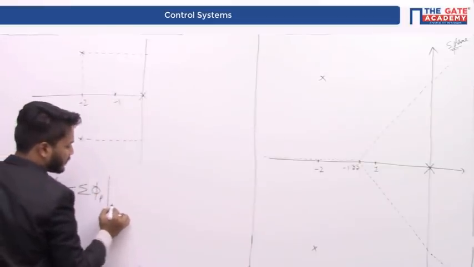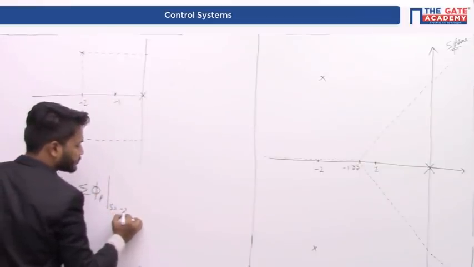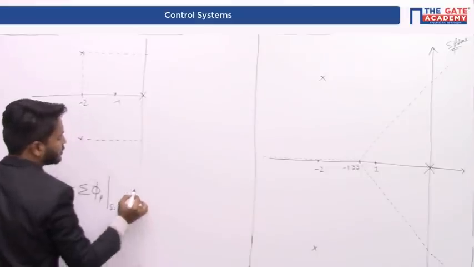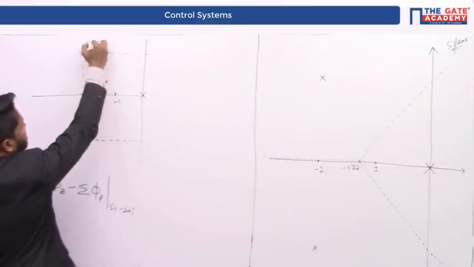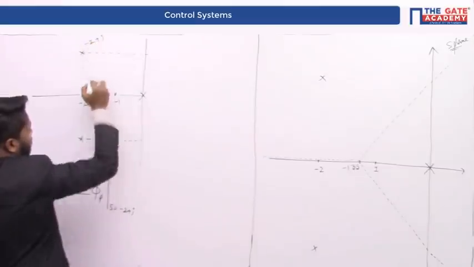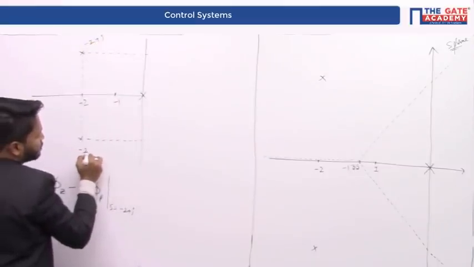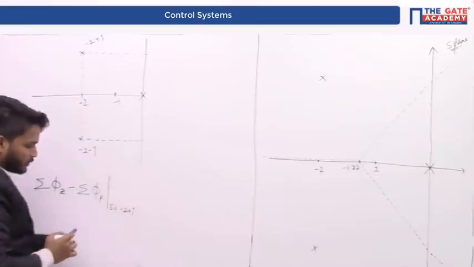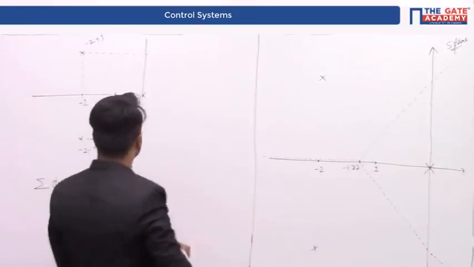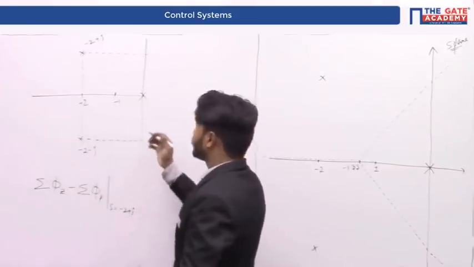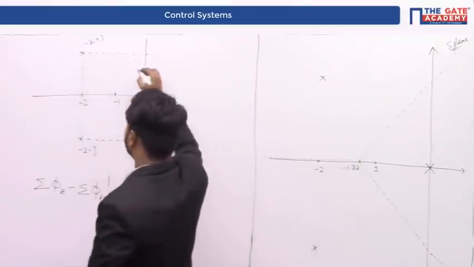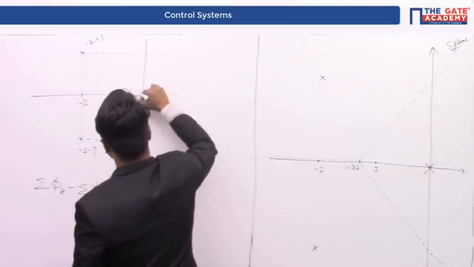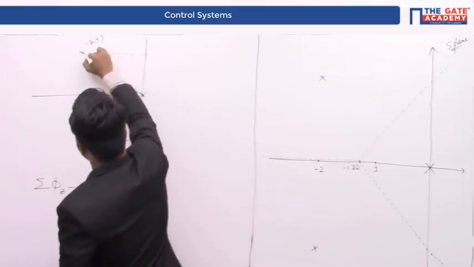You can say when s is equal to minus 2 plus j. You already know this particular root is going to be minus 2 plus j and the other root is going to be minus 2 minus j. So in order to find out the angle of departure, just draw a vector from each and every pole to this particular pole. Let us say this is the particular pole. From this pole, draw a vector like this.